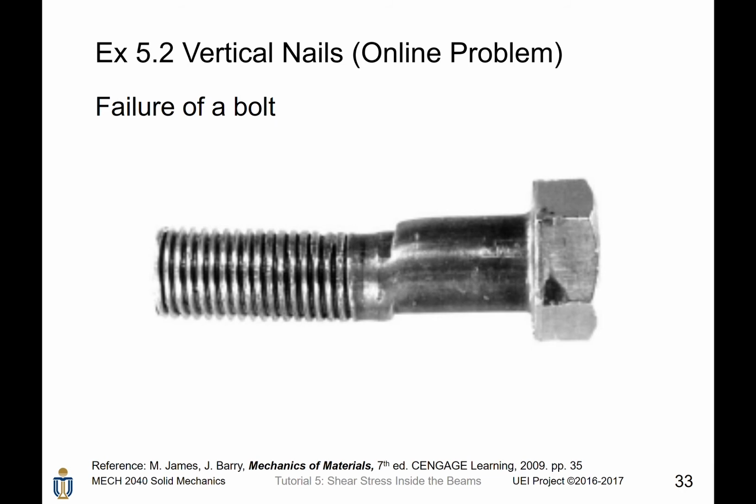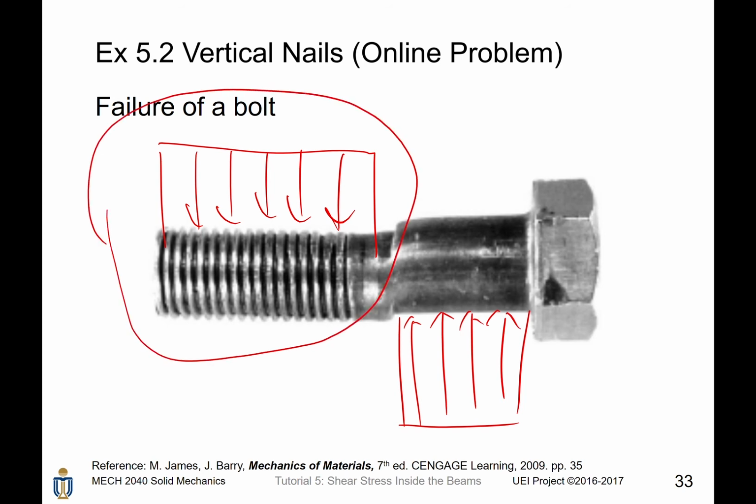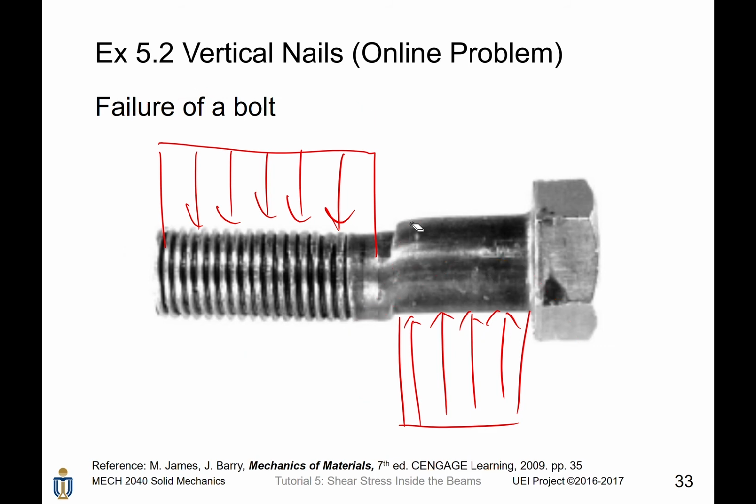In the very beginning of this tutorial series, maybe I have already shown this picture to you before. This bolt failed because of the shear stress, the shear force. So on the left hand side there might be a shear force like this. At the same time there is another shear force acting here. Those two parts are kinds of distribution of shear force and cause relatively small impact to the nail.